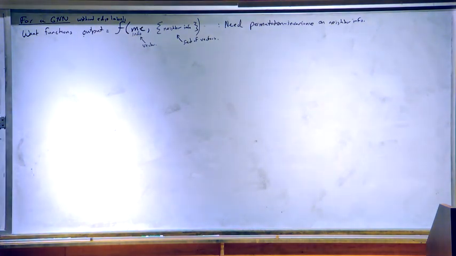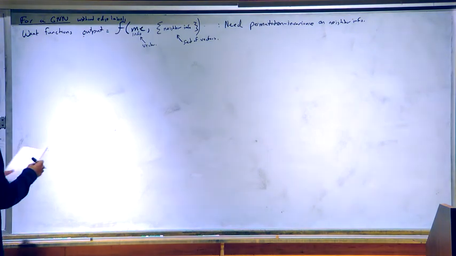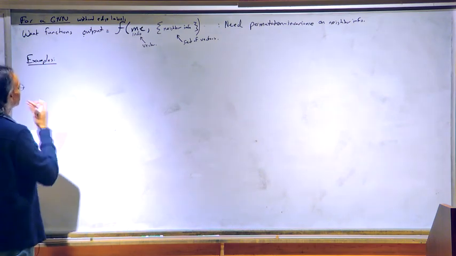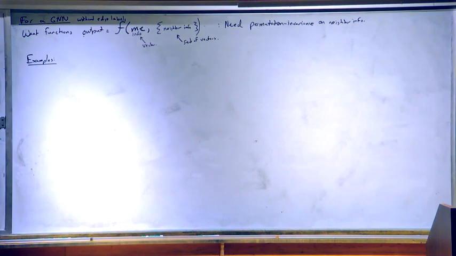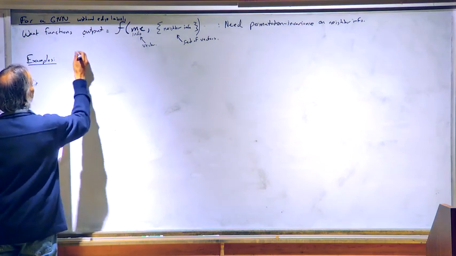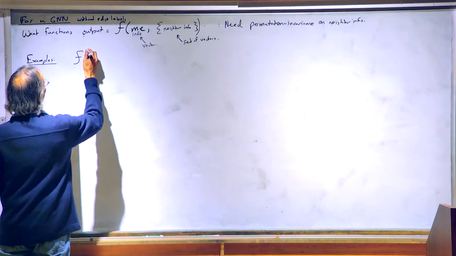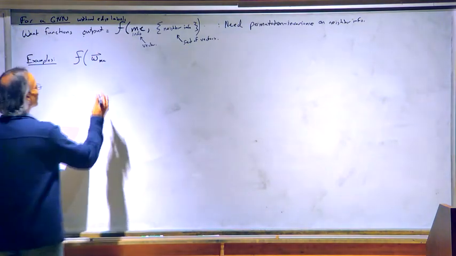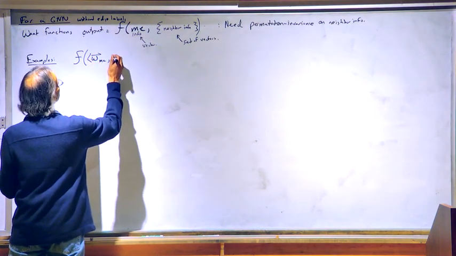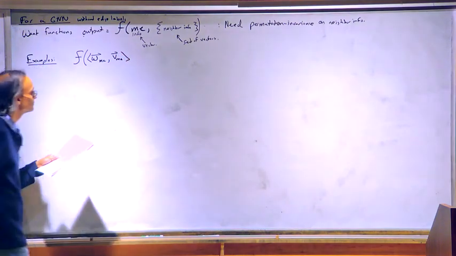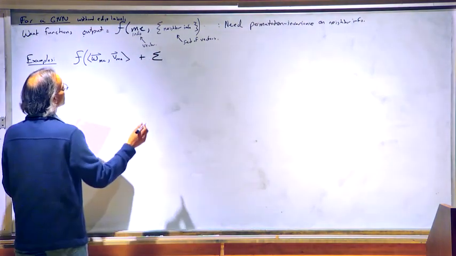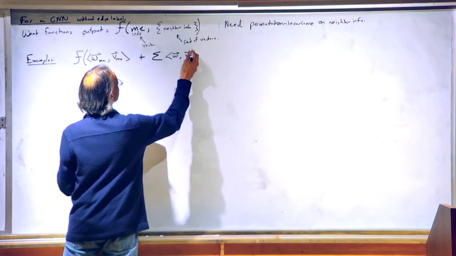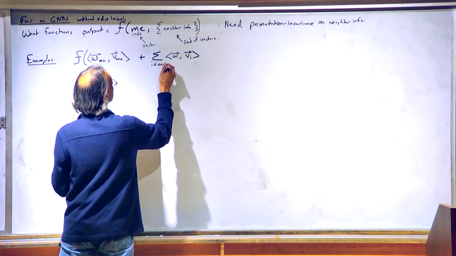So at this point, you realize that if you want to do a graph neural net, you might not want to just stick to linear things, but let's acknowledge linear things. So examples. In all the examples, you can imagine a nonlinearity that you apply at the end, right? So you can think about an example where you have some nonlinearity f that applies to some weight vector dot product, I'll use inner product notation, with me, plus a sum of inner products of learned weights and v_i from the neighbor i of me.